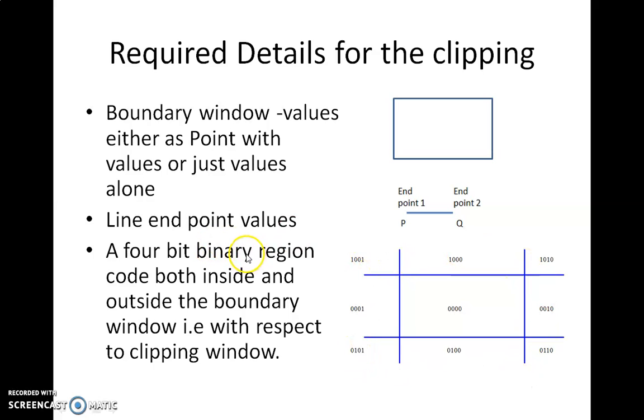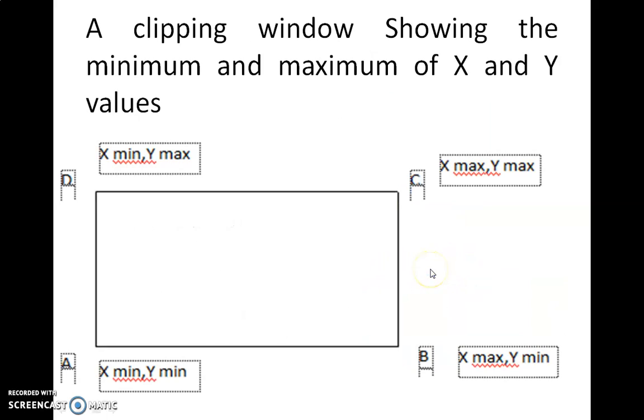Each region has a 4-bit binary value with respect to this clipping window. The region value inside the clipping window is all 4 zeros, and the bit positions will be starting from left, right, bottom, top. This is how the bit positions will be coming.